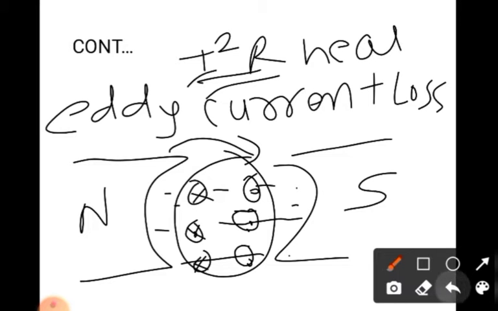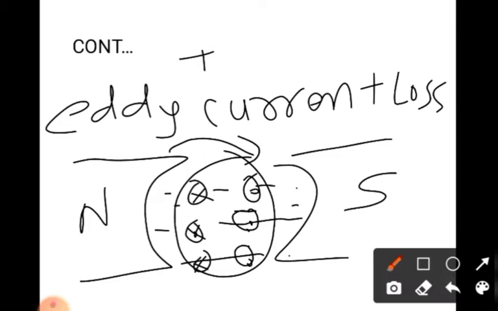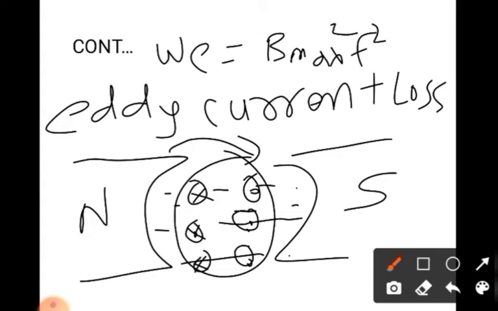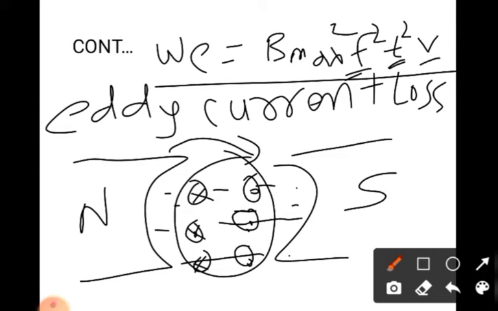So eddy current loss is calculated as, write down the formula, WE is equal to Bmax square F square T square into V, where F is the frequency of reversal, T is the thickness of lamination, and V is the area of armature.